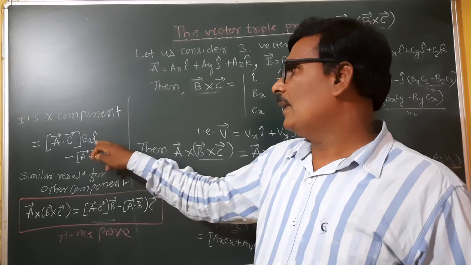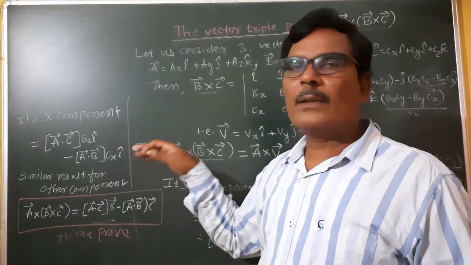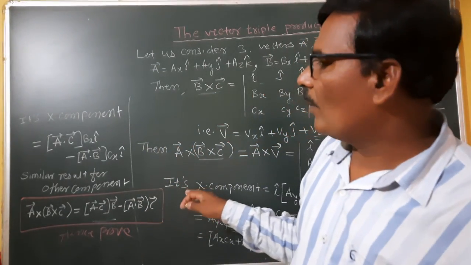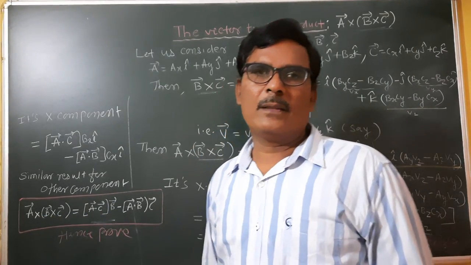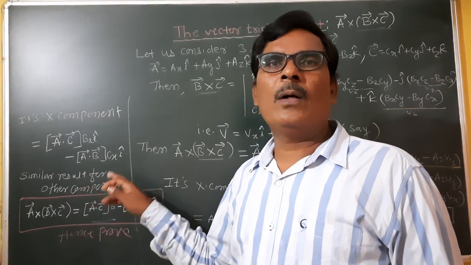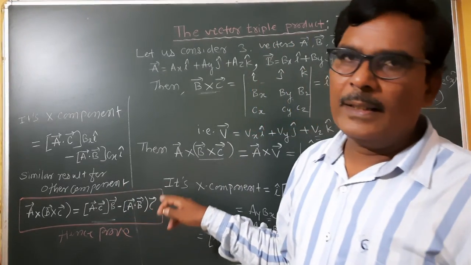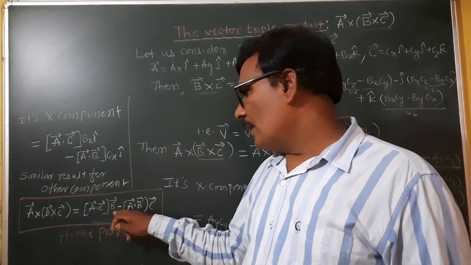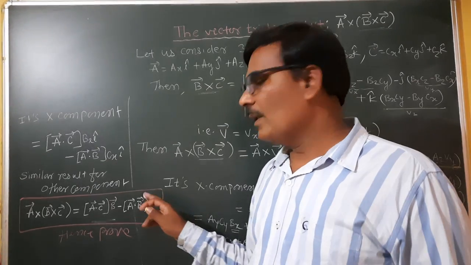The only change is that in place of x comes y, in place of y comes z: I component, J component, K component. And the final result we obtain for the vector triple product: A bar cross B bar cross C bar is equal to A dot C into B minus A dot B into C. This is the property.